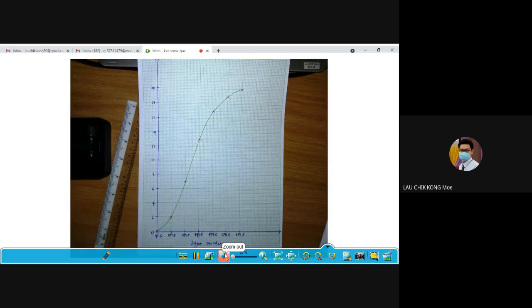So you try to draw it now. Have you all finished? If already finished, I continue lah. Hello. Okay, Alia. Sampai mana awak? Dah siap lukis dah.